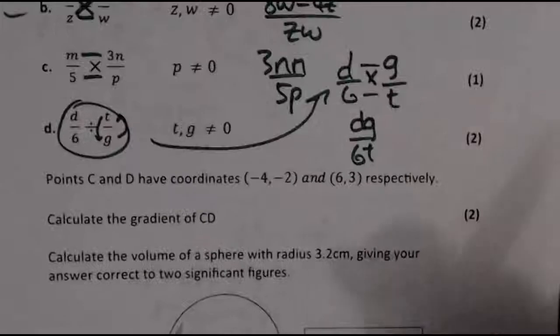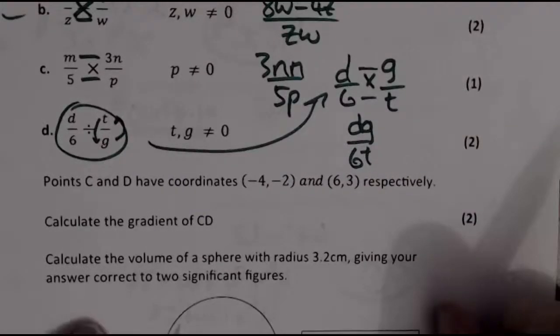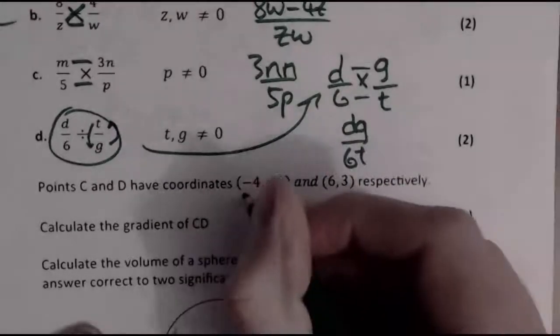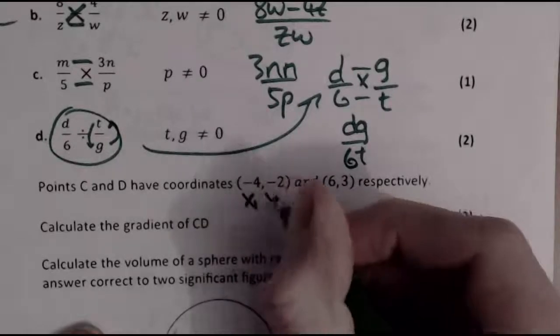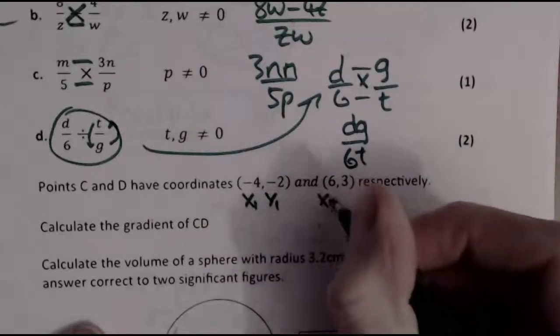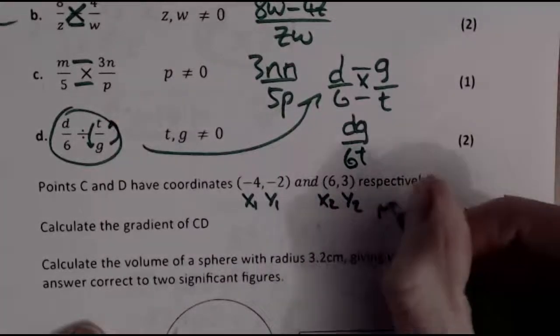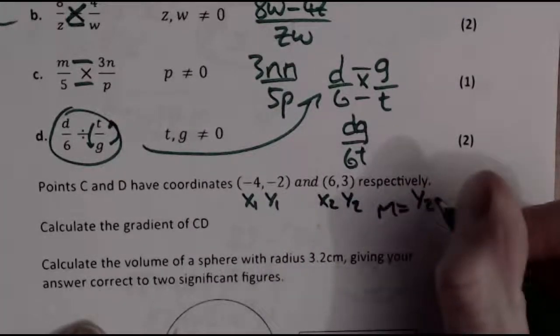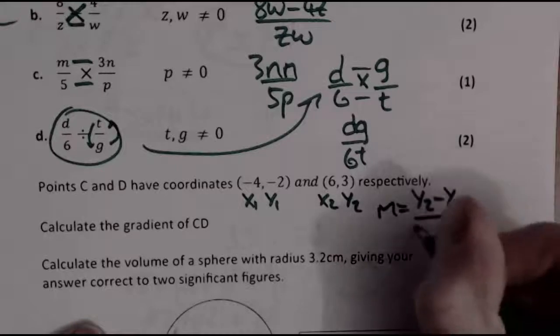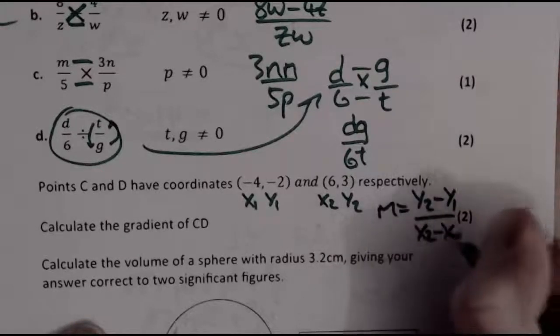Okay, so what we've got here is calculate the gradient. So what we do is we say, well, we'll call this x1, y1, x2, y2. We know that m, running out of space, m equals y2 minus y1 over x2 minus x1.